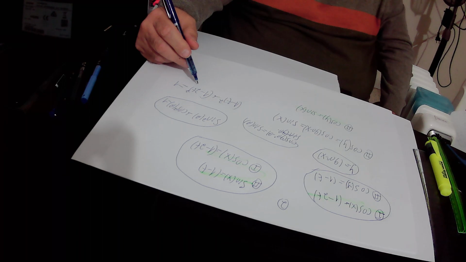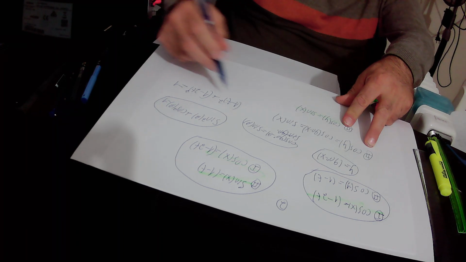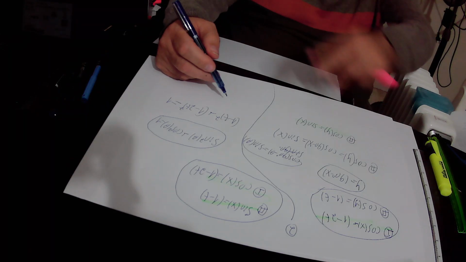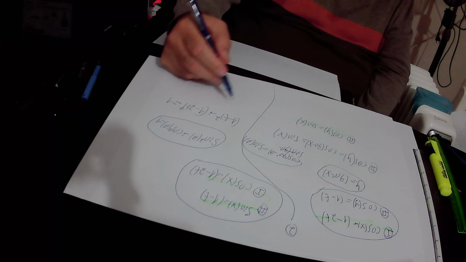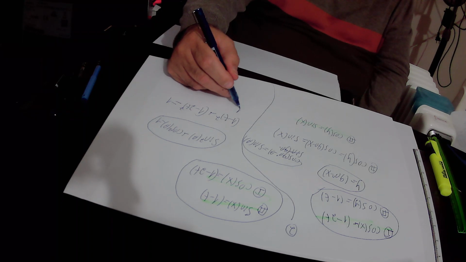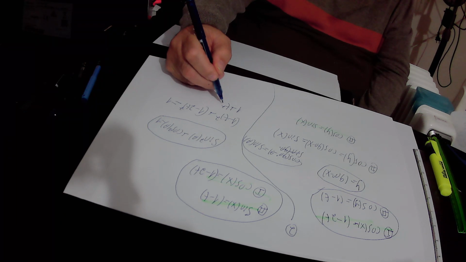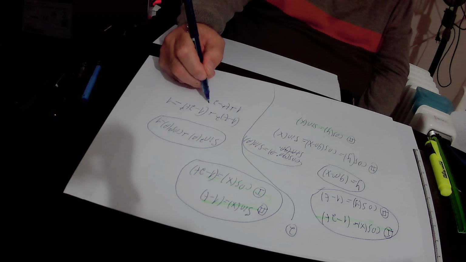We'll open the brackets on this side of the equation, and we get that (1 minus t) squared equals 1 squared, that is 1, plus t squared minus 2t.